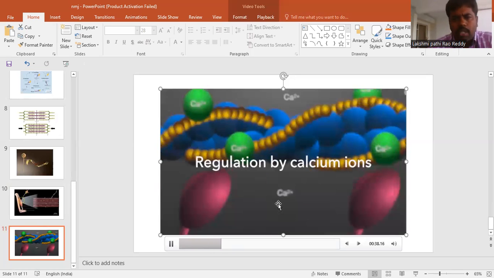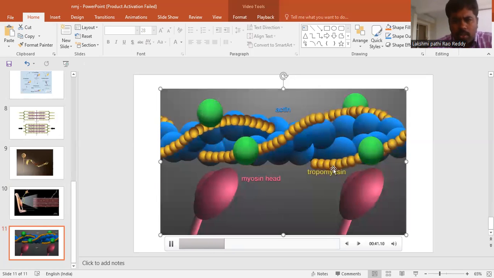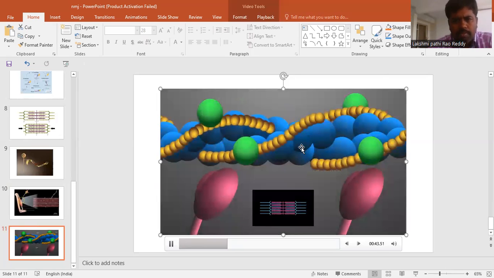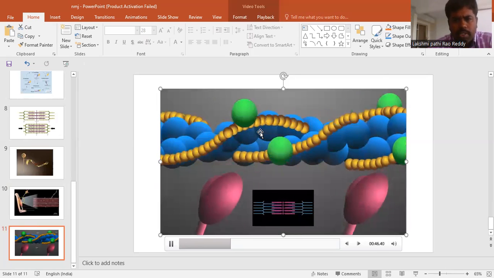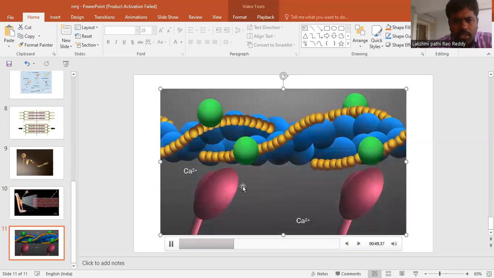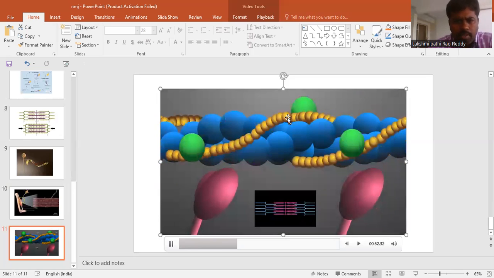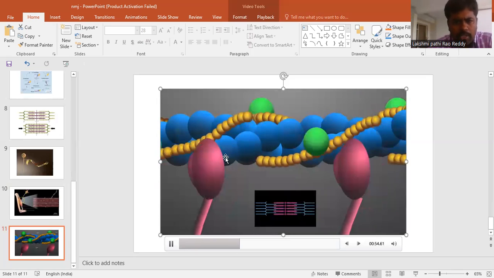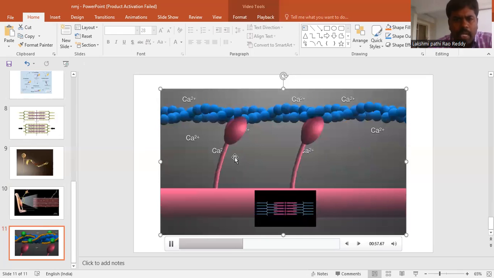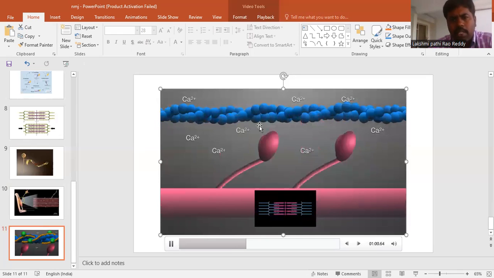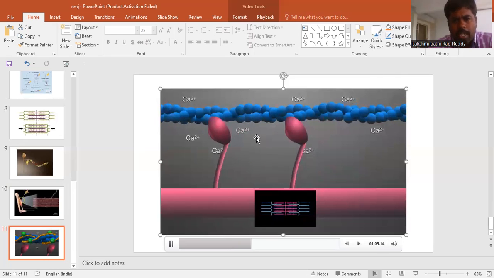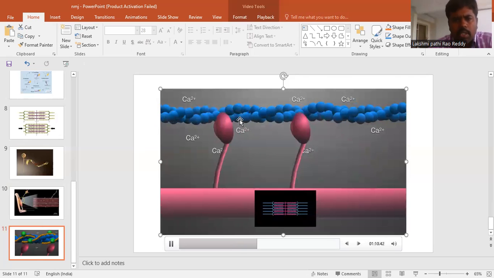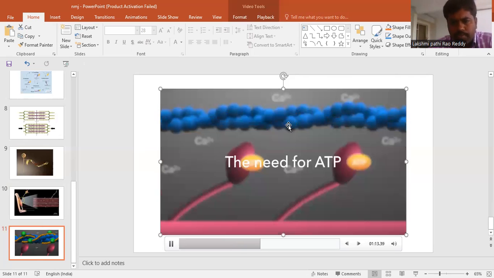So how are these calcium ions regulated? These are the heads of myosin and tropomyosin, and these are actin filaments. When the calcium binds with this, it will be moved off and the active sites will be exposed. When the active sites of the actin filaments are exposed, the head of the myosin binds with the active sites and tries to pull the actin filaments inwards.